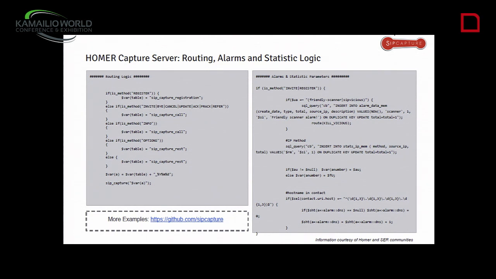INFO can also be stored in sip_capture_call if it's in your network, a lot of INFO messages with call completion and so on. Registration can be saved in the registration table. And at the end, we just add an extension for year, month, and day. And we say this message should be stored in this table.